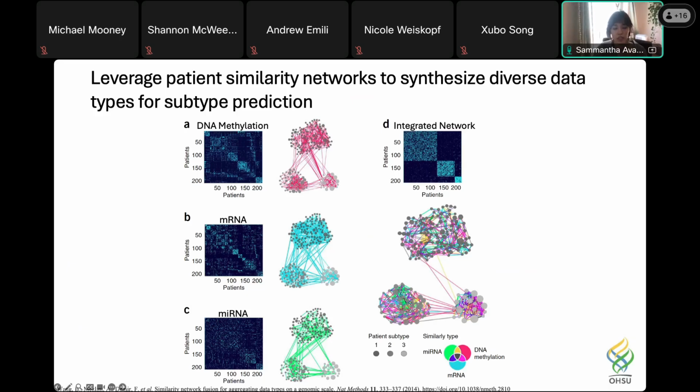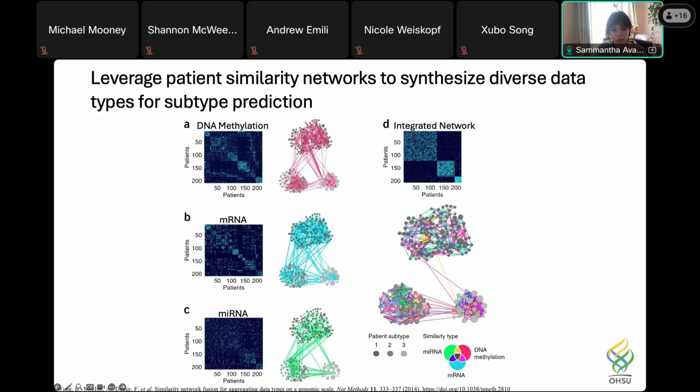However, as shown in our unimodal model, we saw that a single data type alone normally isn't enough to differentiate between patient subtypes. We can also see this in our image for A, B, and C, that we can't clearly differentiate the patient subtypes seen in the patient similarity matrices.